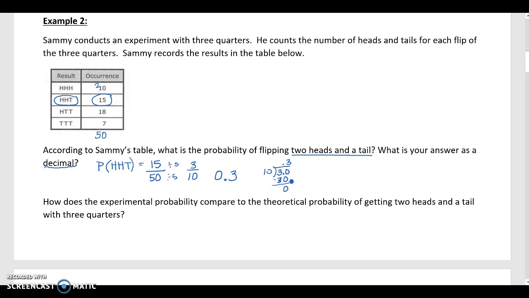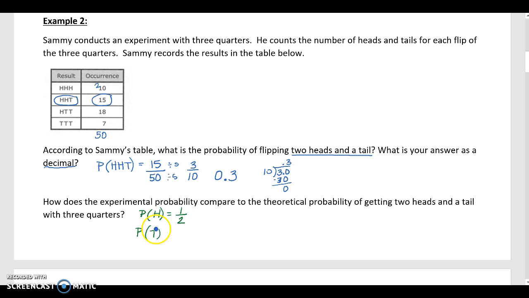Okay, so the second one says, how does the experimental probability compare to the theoretical probability of getting 2 heads and a tails with 3 quarters? Okay, so theoretical of getting 2 heads and a tail. Probability of getting heads is 1 heads over 2 sides of a coin.